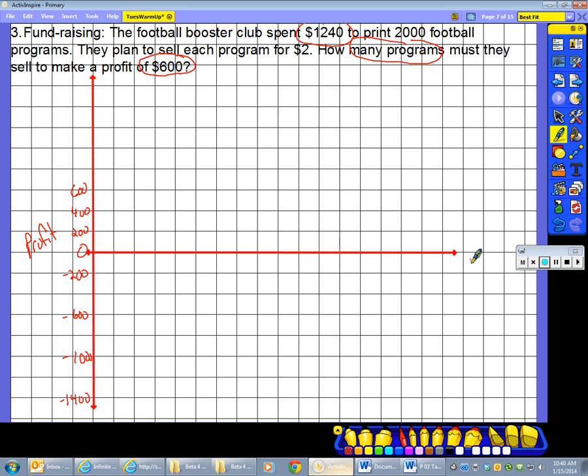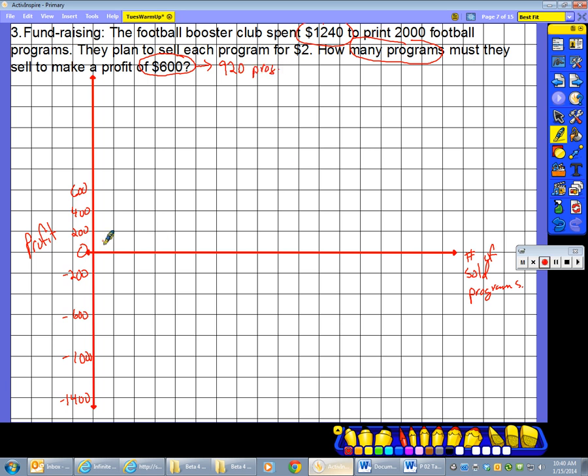So I'm going to put number of sold programs. And whenever you solve it, in order to make $600 profit, you're going to sell 900, and actually I think it was 920 programs.